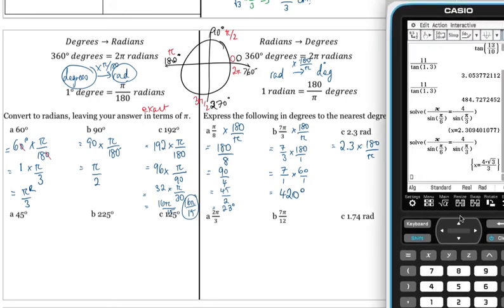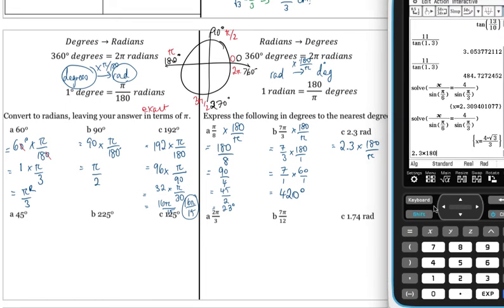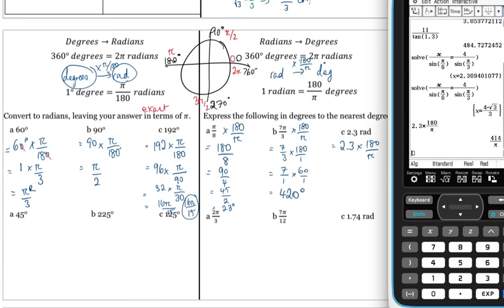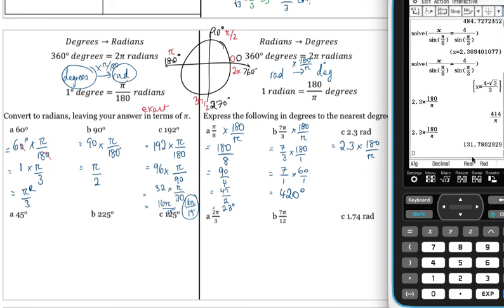I put in 2.3 times 180, and don't forget that little shortcut, which is really nice, put that in a fraction, and if you press Shift 0, out should pop a pi. I'm in standard mode, go to decimal. It doesn't really matter if you're in radians or not. 131.78, so 131.78 degrees, and there are our answers.